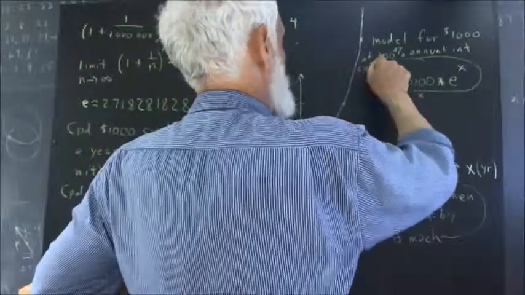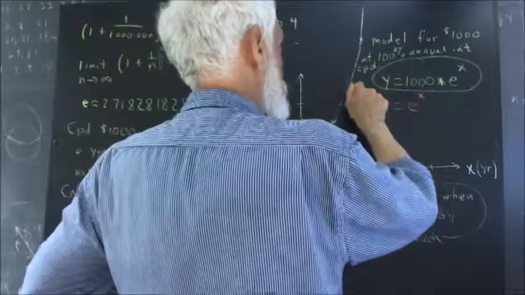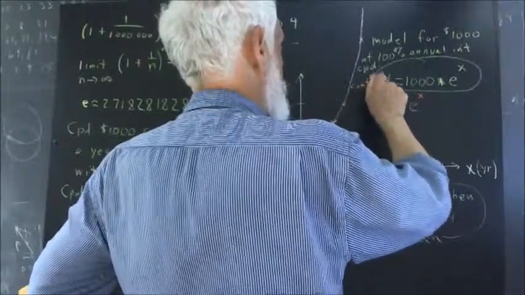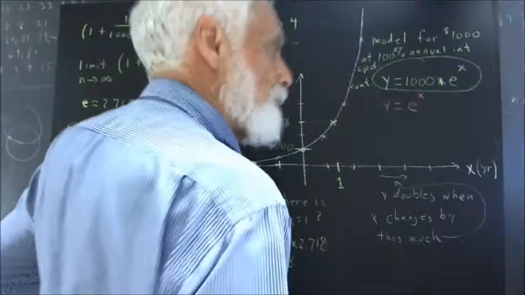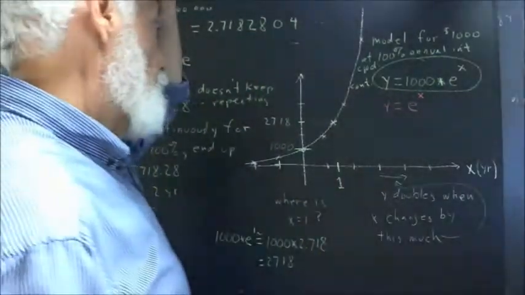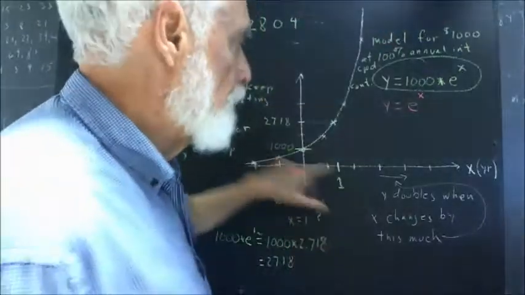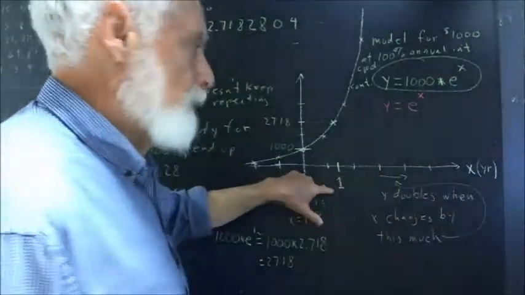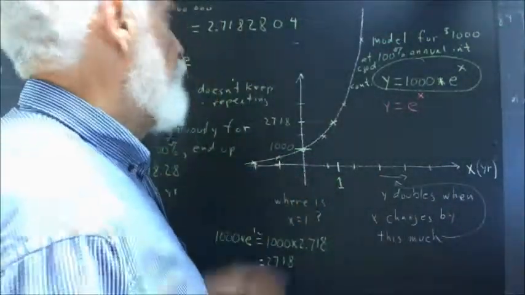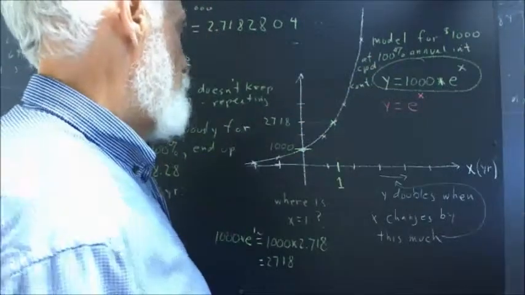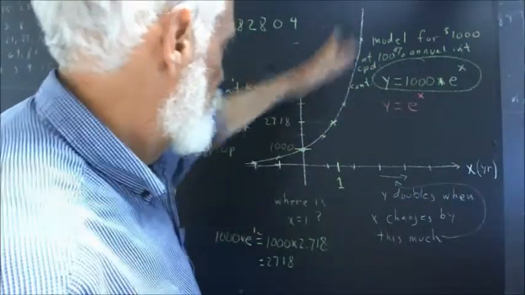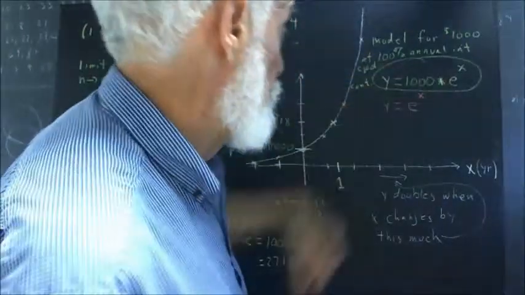Compounded, CPD, continuously, C-O-N-T. Okay, that's the function. Now, this graph can be labeled if we find the right numbers to put in the x and the y axes. This graph can be labeled to model this function.